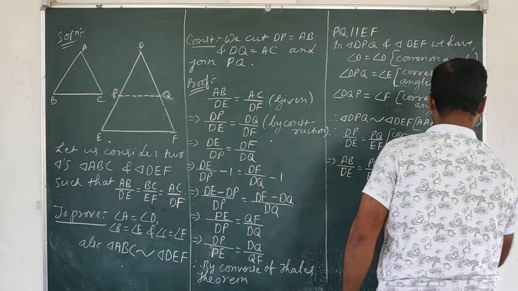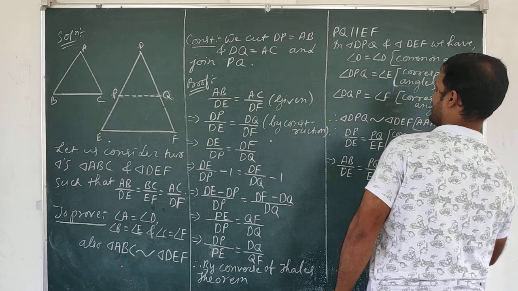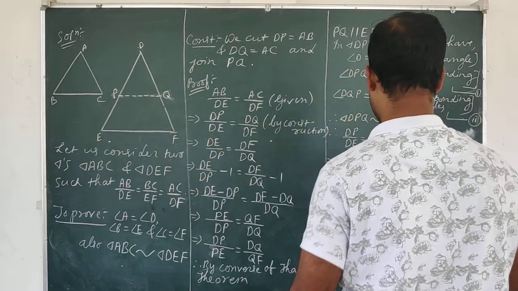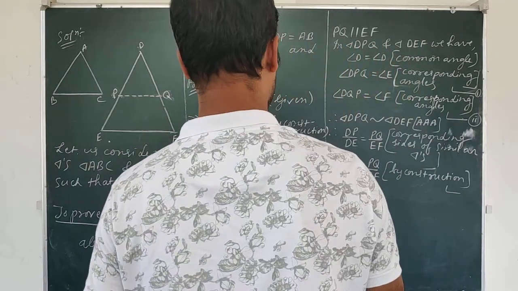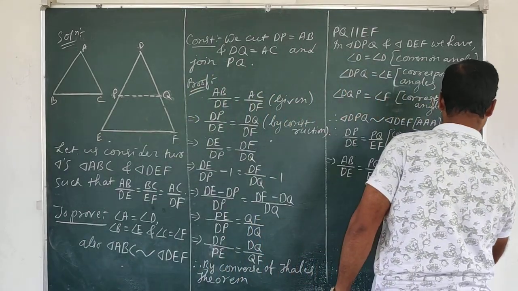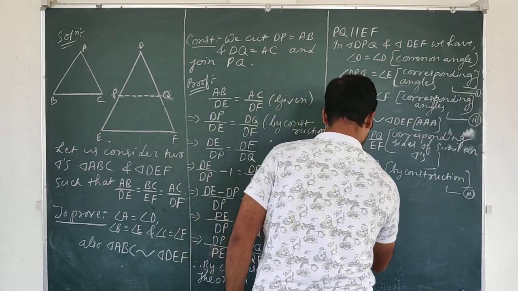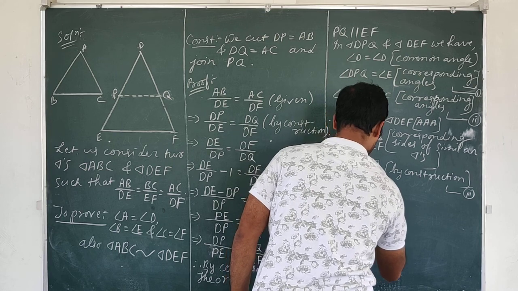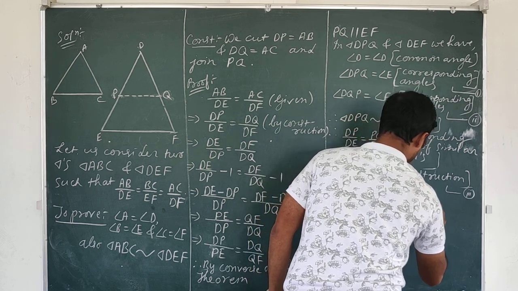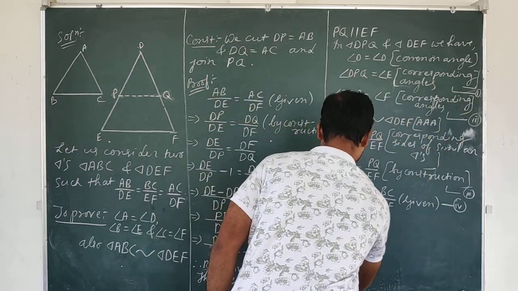So this is number 3. Also, AB by DE is equal to BC by EF is given. Mark number 4.